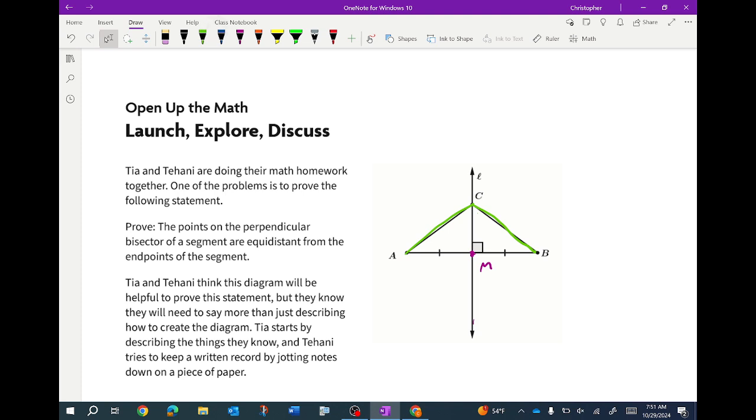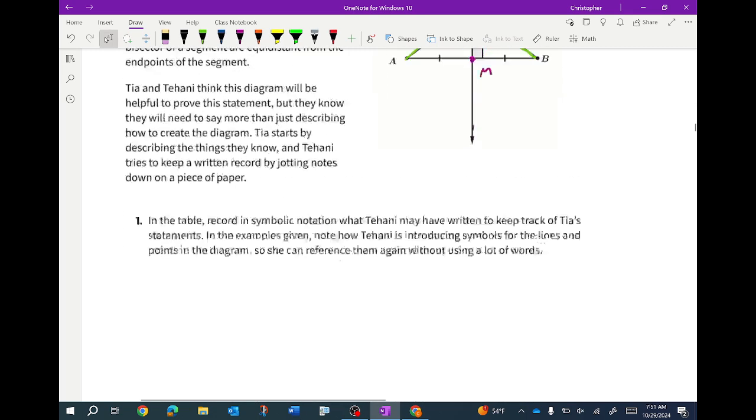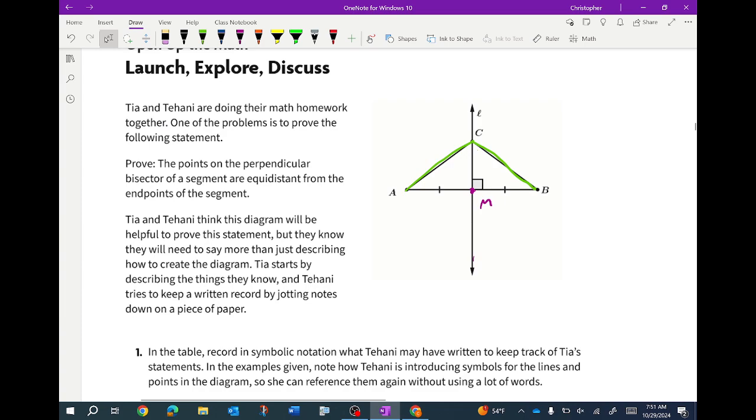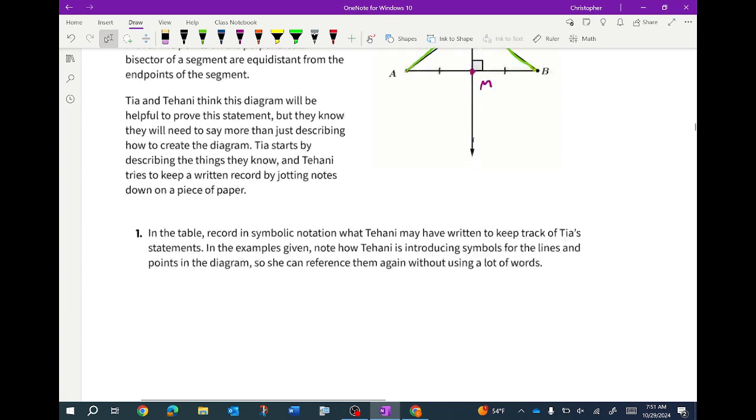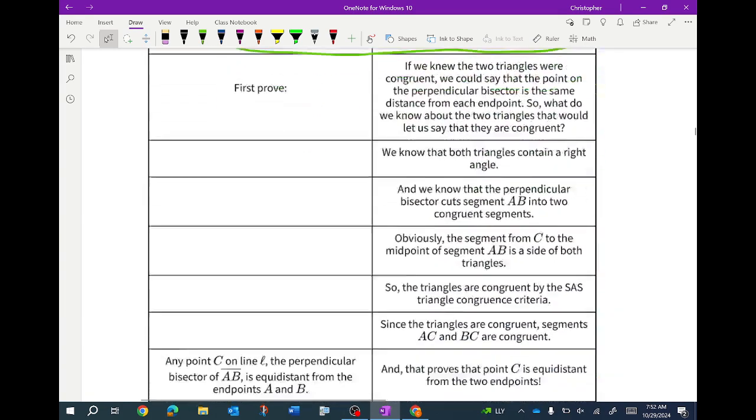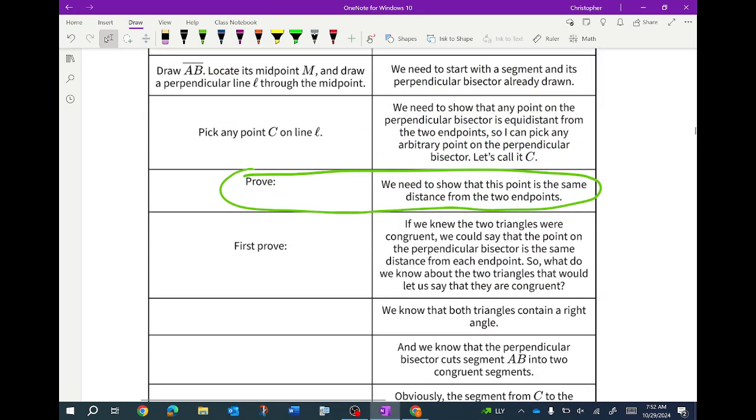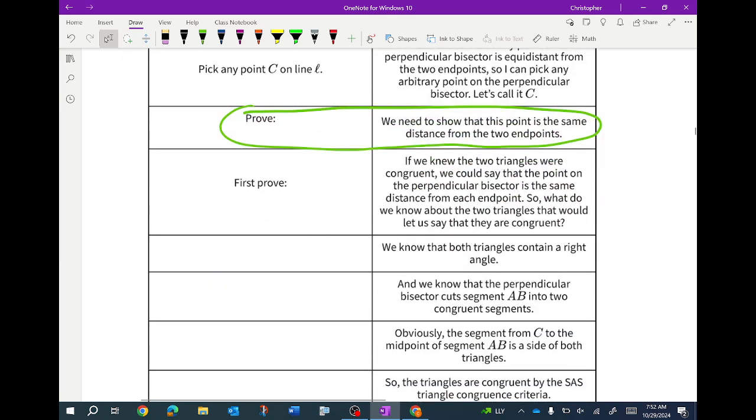We have the triangle on the right and the triangle on the left, and we're going to try to make the triangle on the right congruent to the triangle on the left. And if we can prove that, then we would know that the two sides are congruent. Okay?